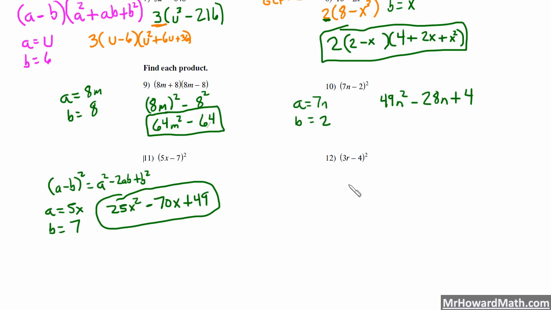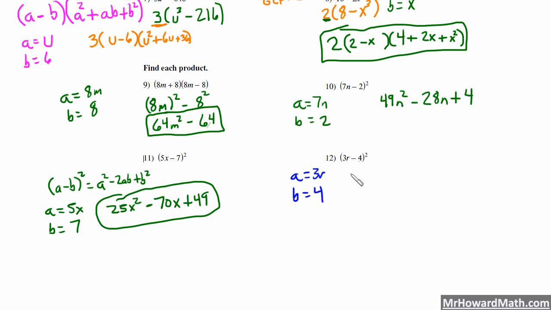Alright, last one. We have 3r minus 4 quantity squared. So we have the same pattern over here. So let's do this one quickly and get this done. So we have a equals 3r, b equals 4.